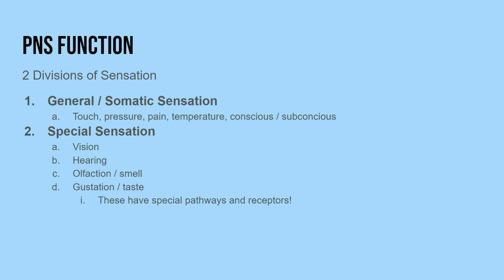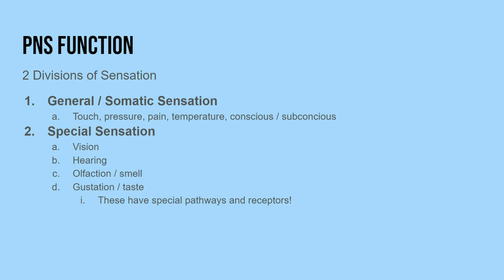Okay, so there are two divisions of the peripheral nervous system. First is the general or somatic sensation division. This is basically what it sounds like: the senses that you have, like touch, pressure, pain, temperature, whether conscious or subconscious.